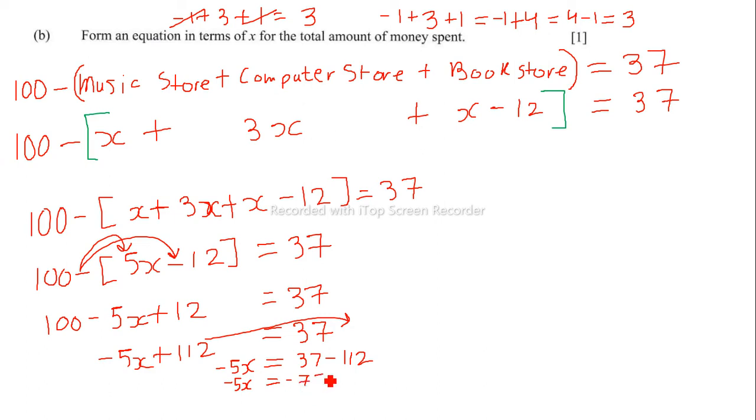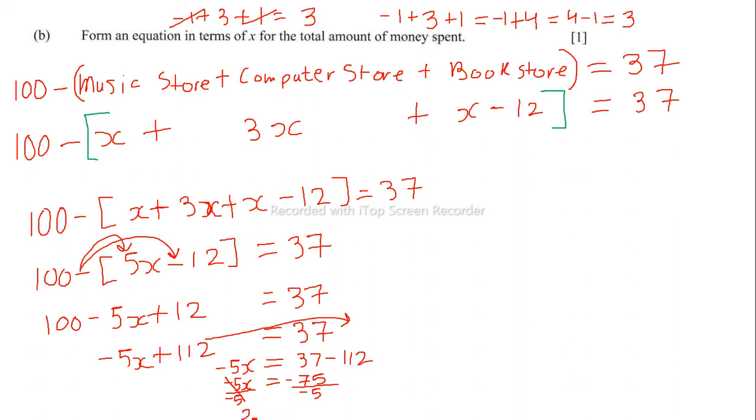Now divide. What do we do at this point? Divide both sides by -5. So the -5 and -5 will cancel out.